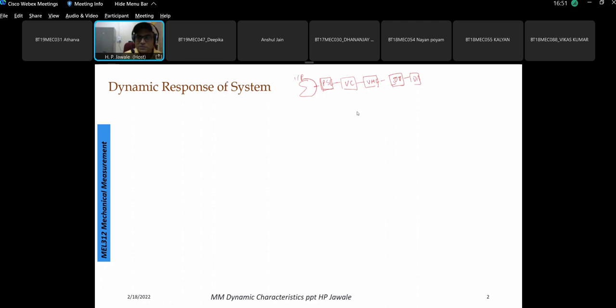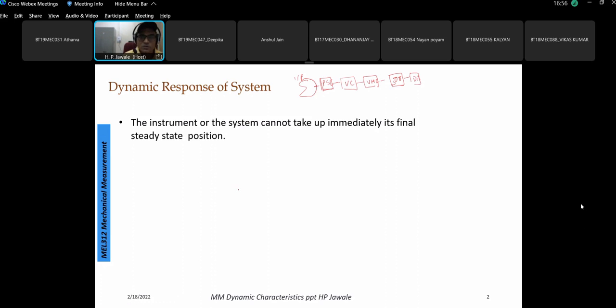So with this example, what you can understand is that due to the system or the instrument, it cannot give immediately the final value or final status of its state.